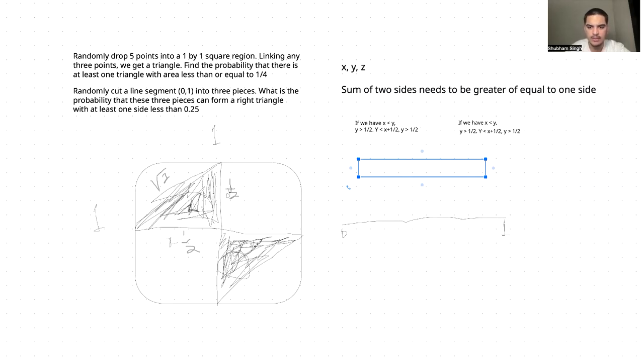So the probability that a triangle can be made inside the square with 3 random points inside the square would be 1/4, and I think then we can use 5c3 and we can solve it.